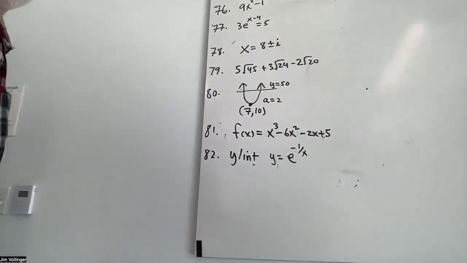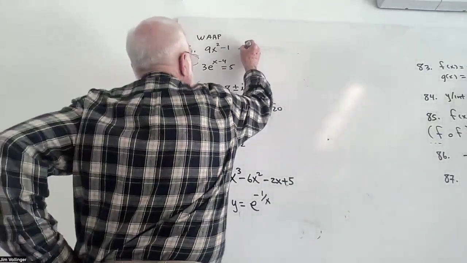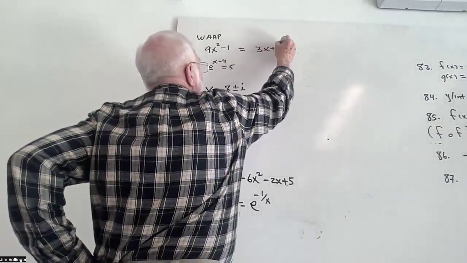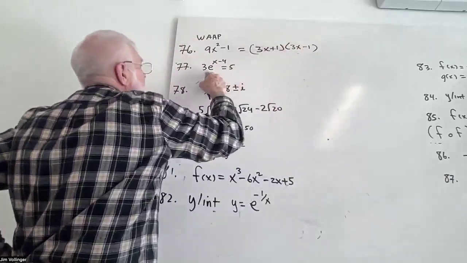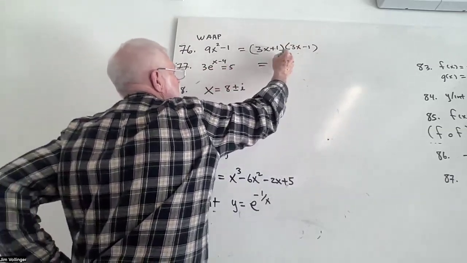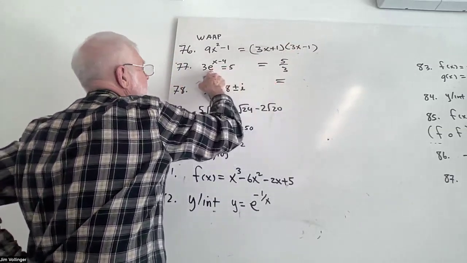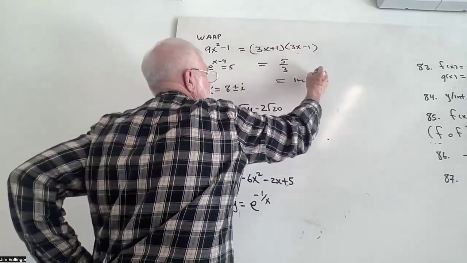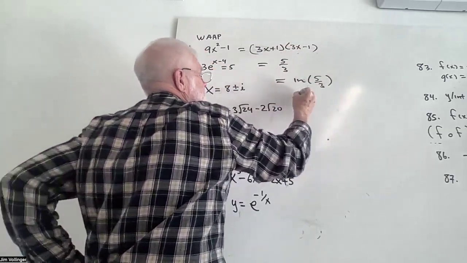Write as a product. I'm seeing the difference of 2 squares. 3x plus 1, 3x minus 1. What am I going to do? I'm going to divide by 3. So that's 5/3. Then I'm going to do the inverse of e, which is the ln of 5/3. And then I'm going to add 4.